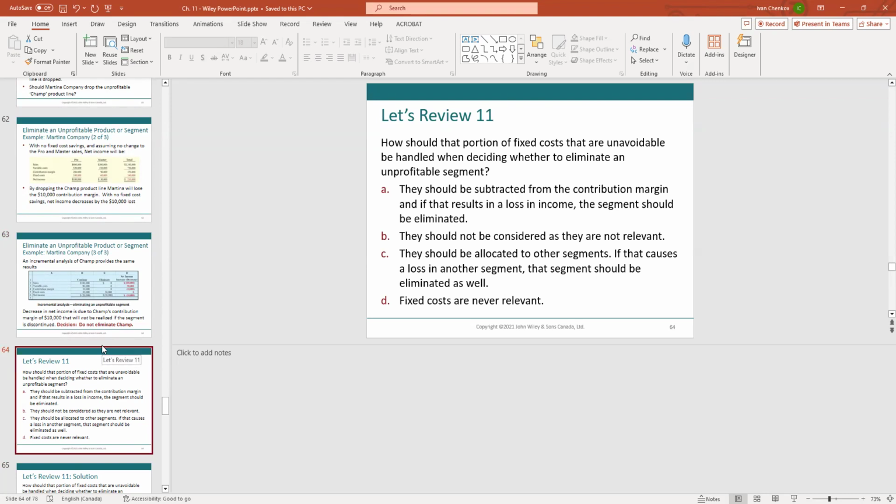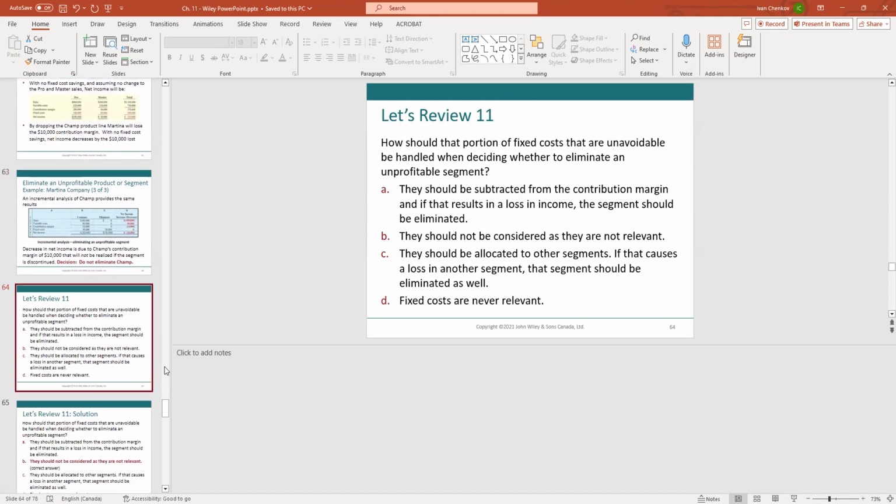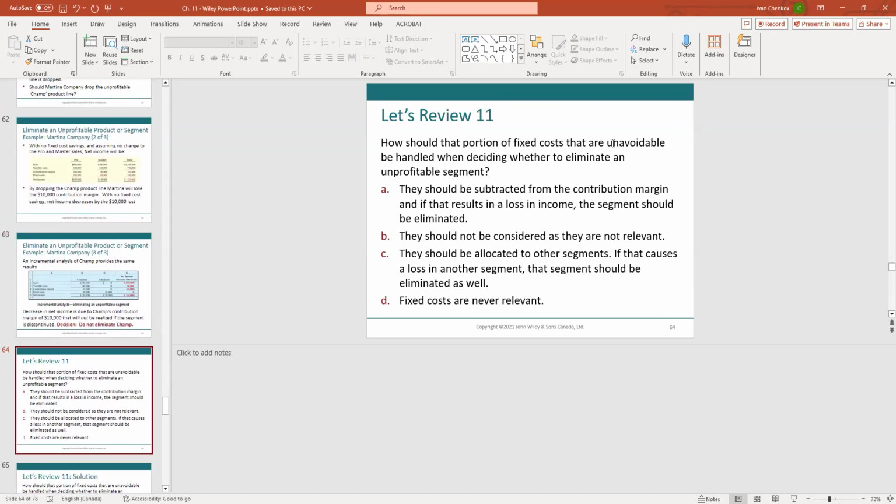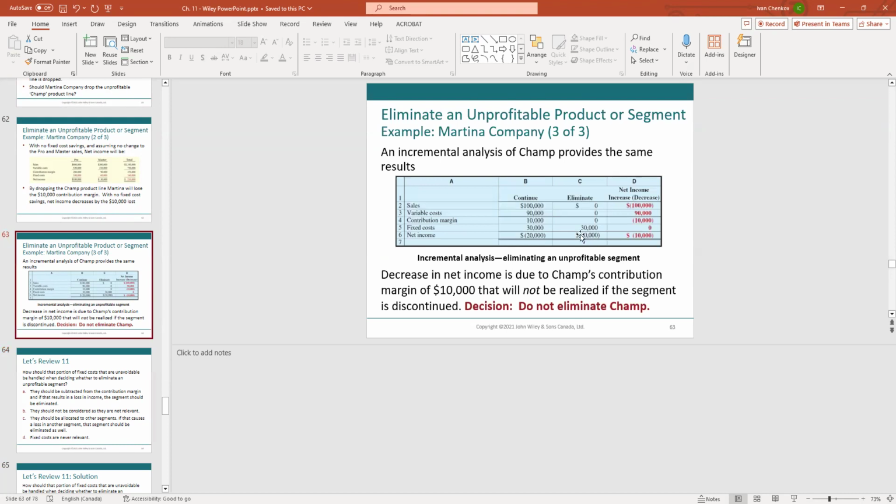I think this is A. So, we're talking about the portion of the fixed costs that are unavoidable, B, right? Is this fixed cost avoidable? No. Is it unavoidable? Yes, it's unavoidable. Why? Because we cannot avoid anything. Make sense?